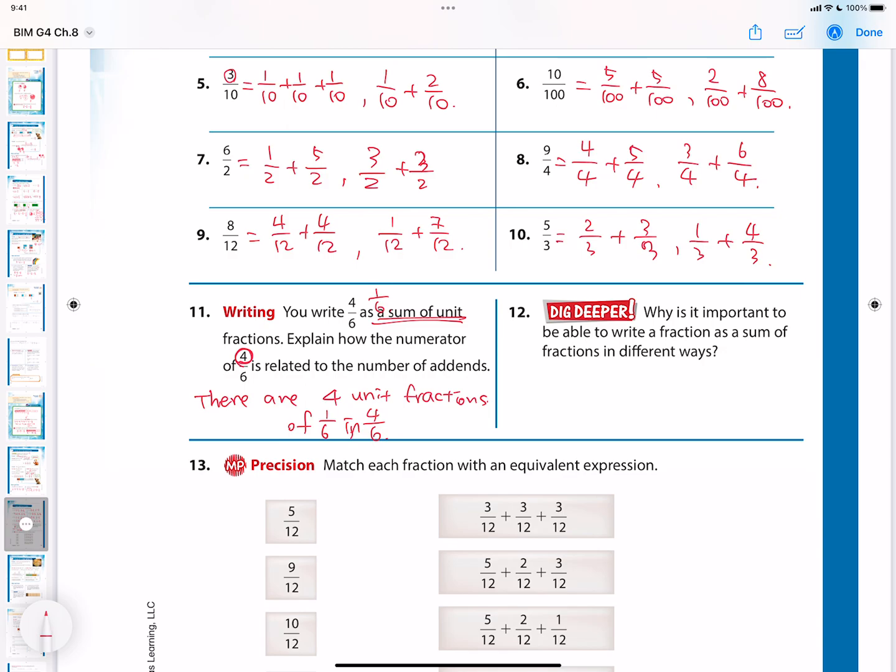Why is it important to be able to write a fraction as a sum of fractions in different ways? Maybe it can help us with regrouping or breaking it apart, right? So maybe you can say any reason that is helping you. I can pick it helps with regrouping.